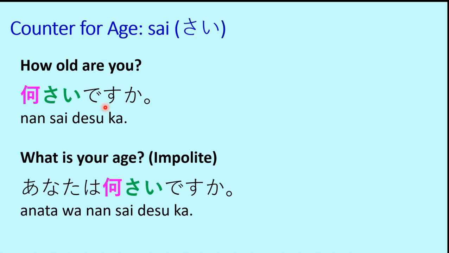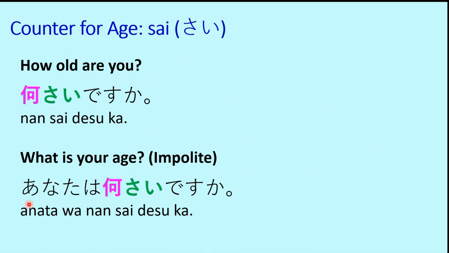The impolite way of asking what is your age is, anata wa nansai desu ka? You might remember we have earlier discussed that anata is a word which is not generally preferred in the Japanese language, because we do not use "your" in Japanese too often, as it is considered rude or impolite.